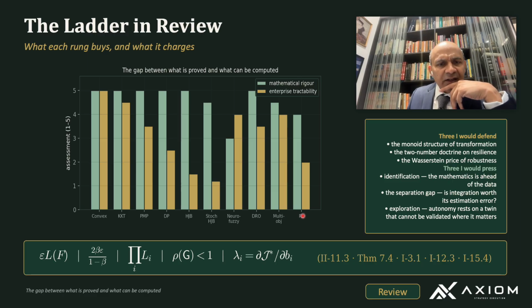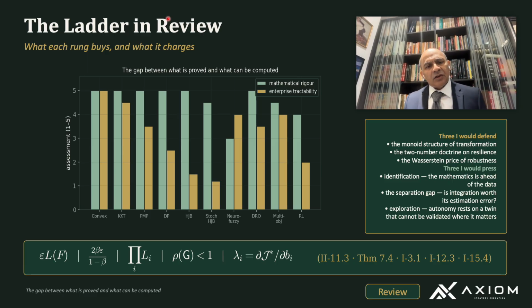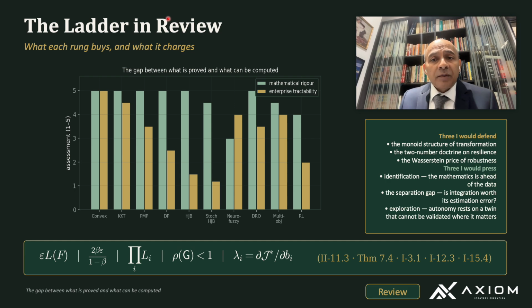Reinforcement learning is flexible, but still has a significant gap between theoretical convergence results and enterprise-scale practicability. So the deeper DCT moves into dynamic, stochastic, and policy-based optimization, the larger the gap becomes between what mathematics can prove and what can realistically be computed for a high-dimensional enterprise.